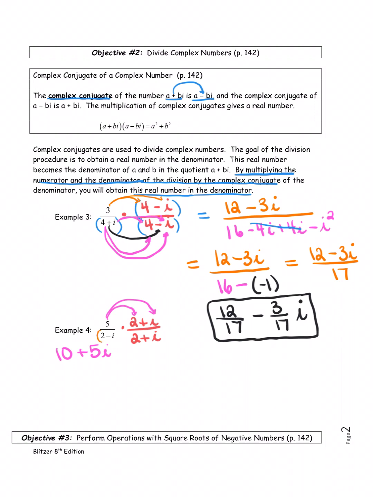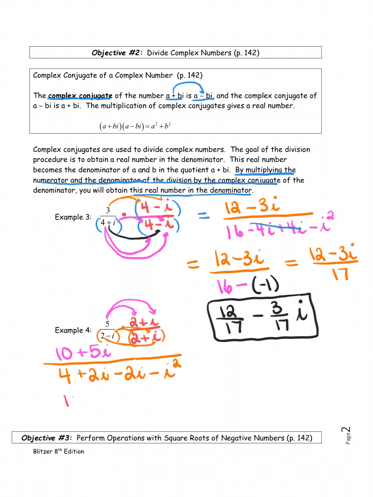On the denominator, we have 2 times 2, which is 4. 2 times i is positive 2i. Minus i times 2 is minus 2i. And negative i times i is negative i squared.